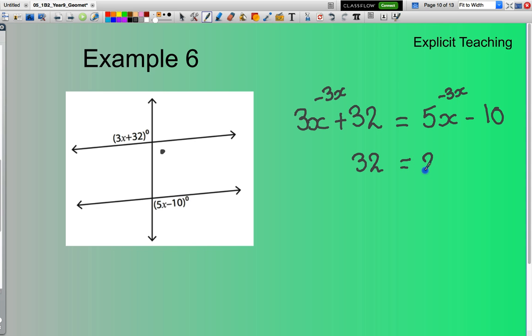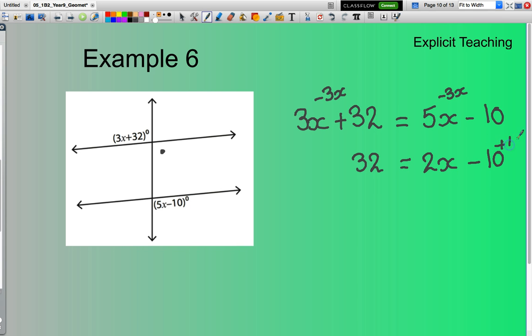That will end up as 2x minus 10. Now, all I'm looking to do is get rid of this negative 10 on this side, this subtraction of the 10, because I just want my x's on one side and all the numbers on the other side. So the opposite operation to subtracting 10 is adding 10.